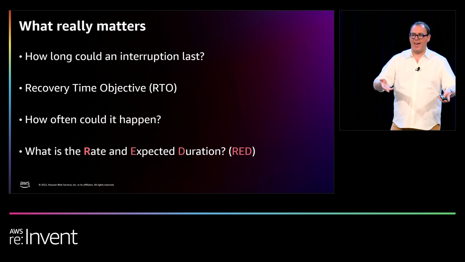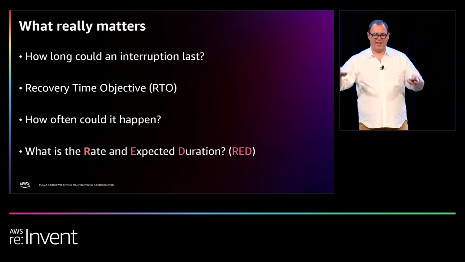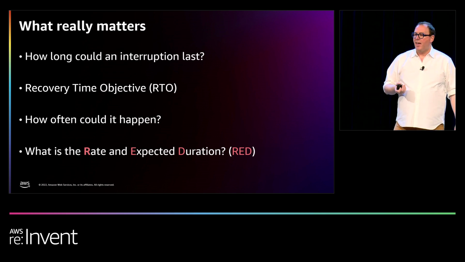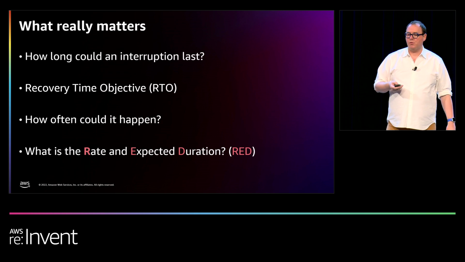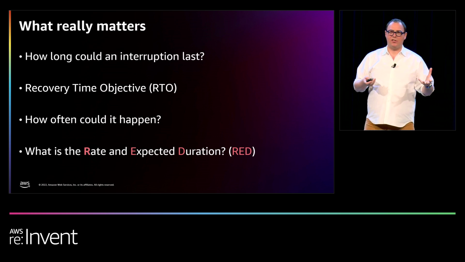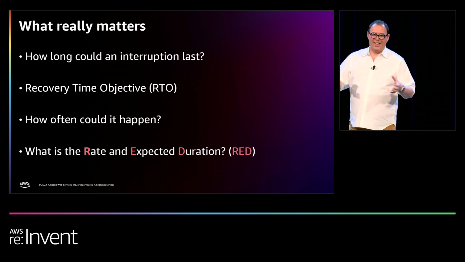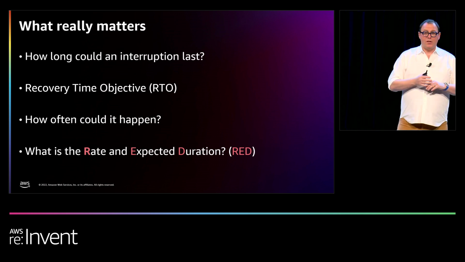What happens if it goes down and I have to restore the whole system from backups? How long could that take, right? That's recovery time objective. And that's what they focus on. And I think it's a better thing to focus on. So we put all this together and focus on, well, what's the rate and expected duration of an incident or some kind of downtime or something like that. It's really easy to plot.